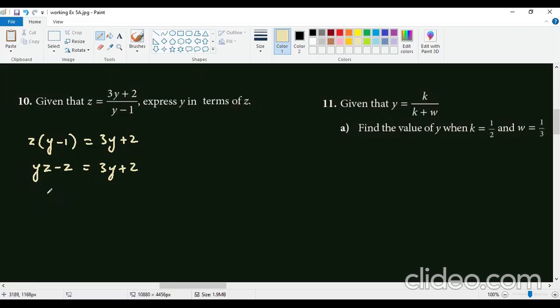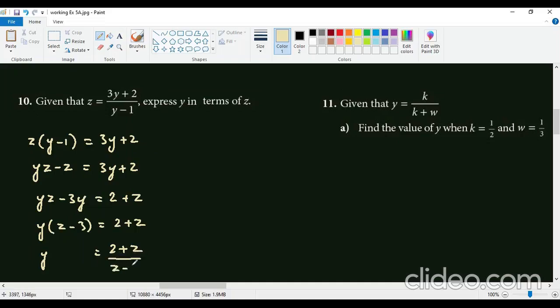I'll keep like terms together. yz minus 3y equals 2 plus z. That means y is common in both of them. y times z minus 3 equals 2 plus z. That means y equals 2 plus z over z minus 3. This is going to be a final answer for question number 10.